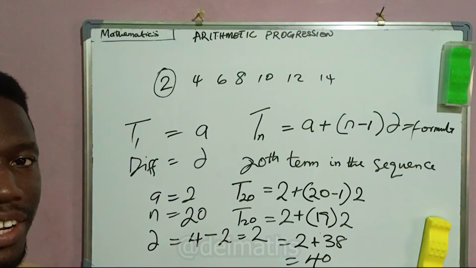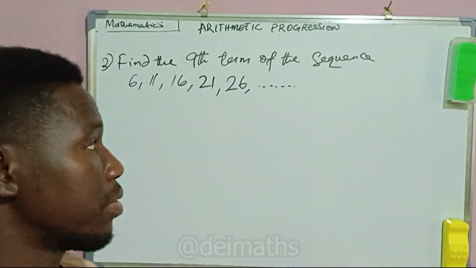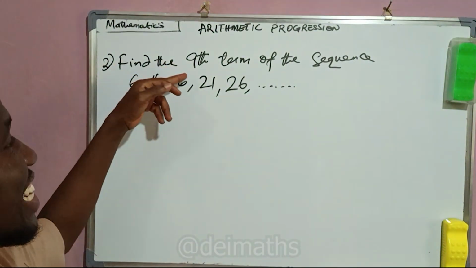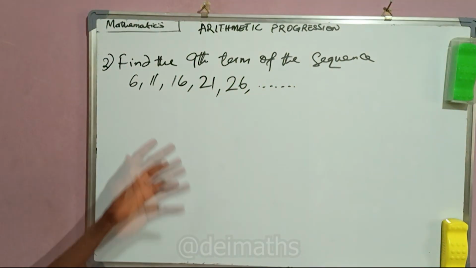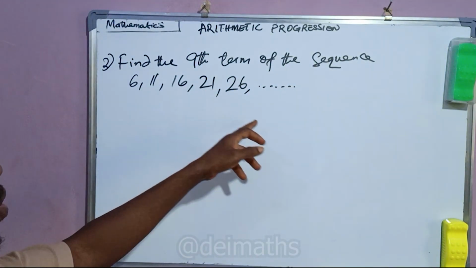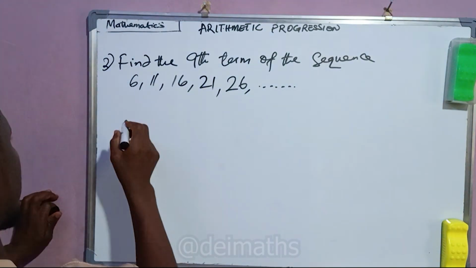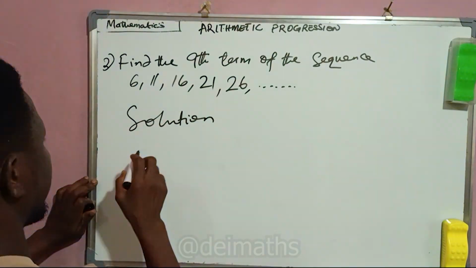Now we are going to take another example for it to be more clear. Another example is this one. They said find the 9th term of the sequence. Now the 9th term is what we are looking for. This is the first term. Now the solution.